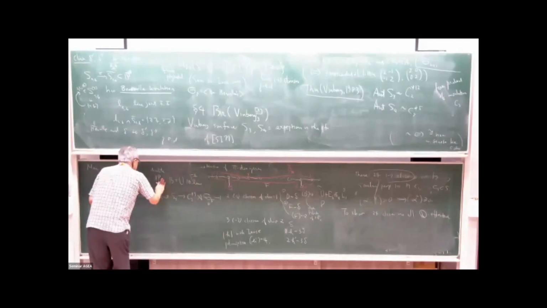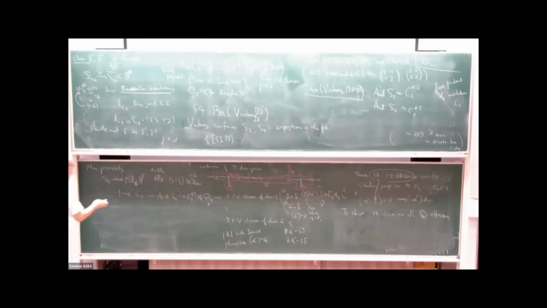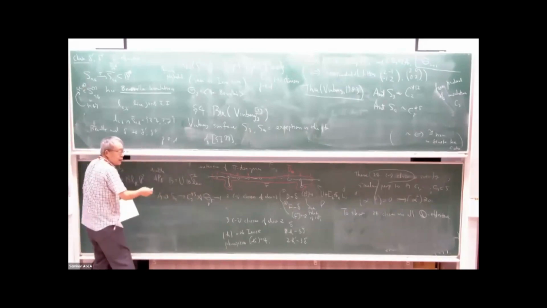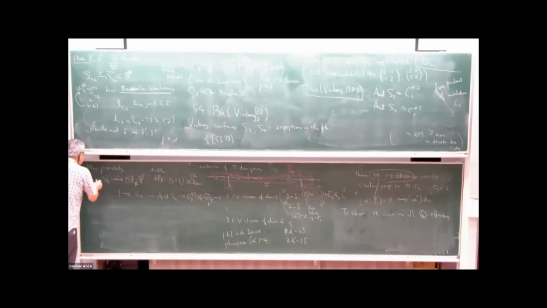Sorry, 4. Yes, thank you. The 10 lines intersect. This has 15 nodes. And take the minimal resolution.